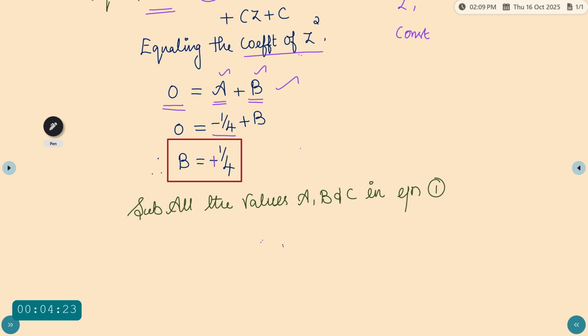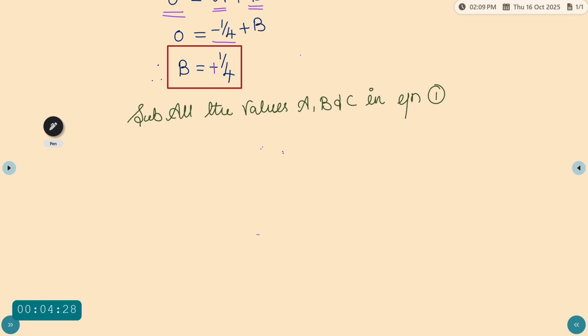Next I am going to substitute all the values a, b and then c in equation 1, that is the first equation.